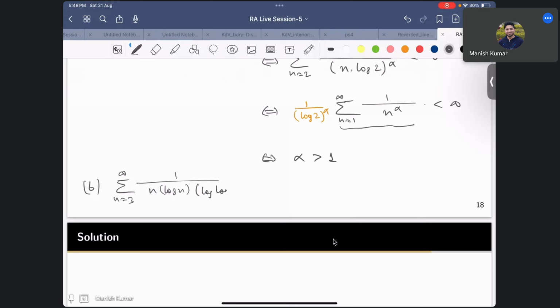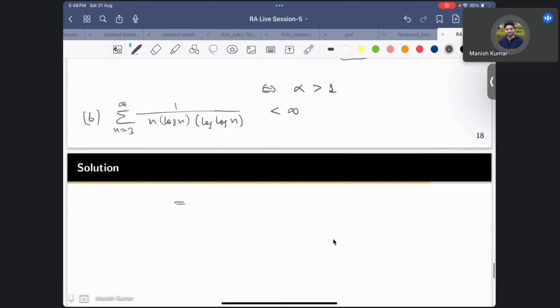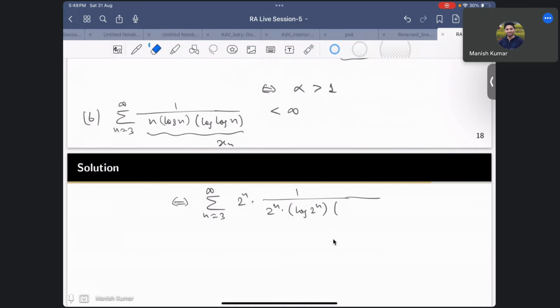This is convergent if and only if, using the same Cauchy condensation test, 2 raised to the power n times x 2n converges. So x 2n would be 1 by 2 raised to the power n, log 2 raised to the power n, and then log of log 2 raised to the power n.